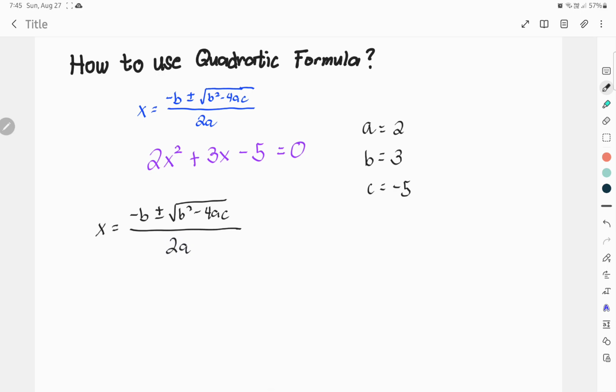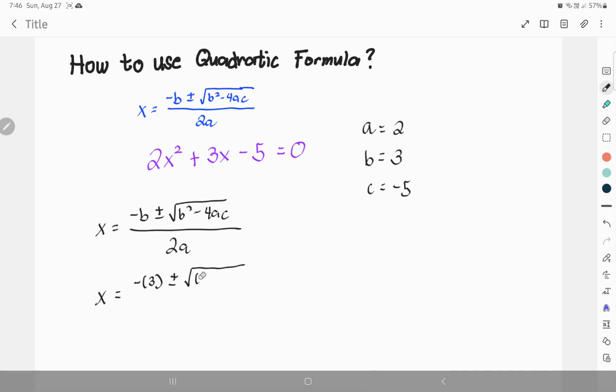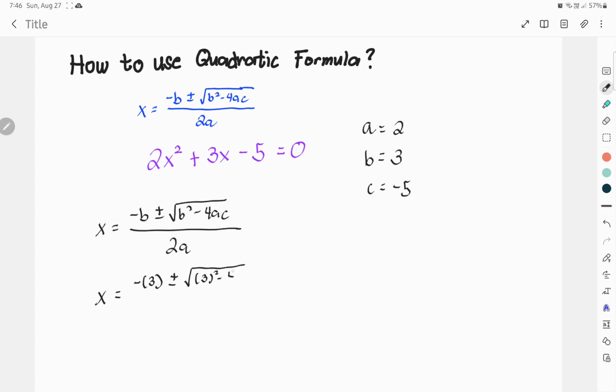So substituting, x would be equal to negative 3 plus or minus square root of 3 squared minus 4 times 2 times the value of c, which is negative 5, all over 2 times 2.